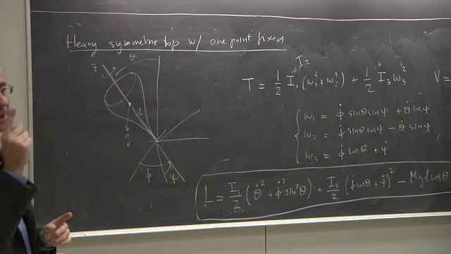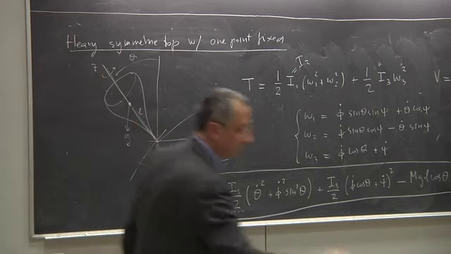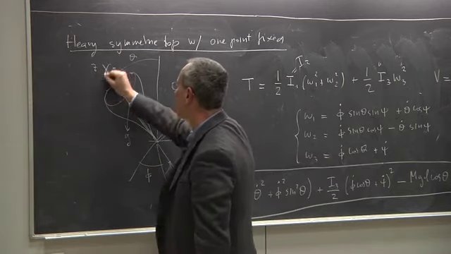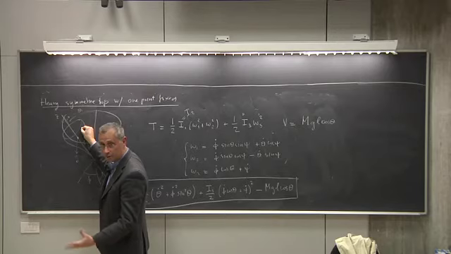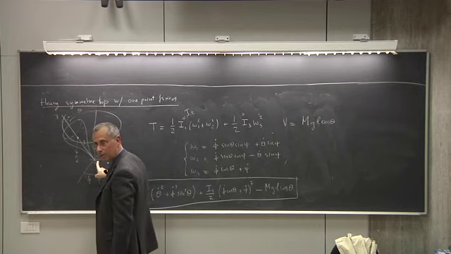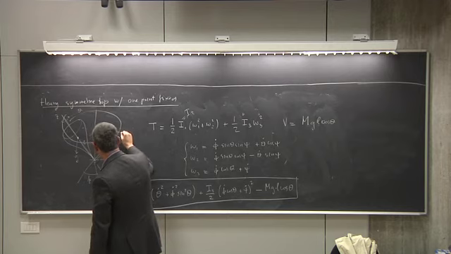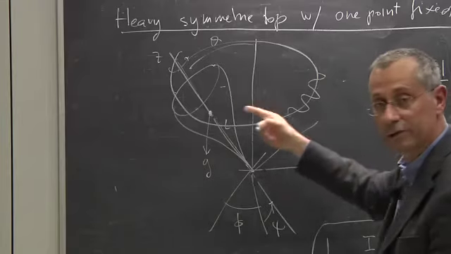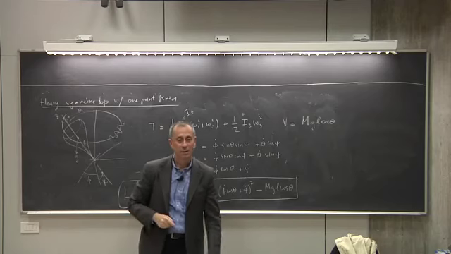As it spins about this axis, it precesses. So the axis moves around this one, like the Earth, even though the Earth has no fixed point. And as it precesses, it's also moving back and forth, up and down like this. So very complicated, fascinating.